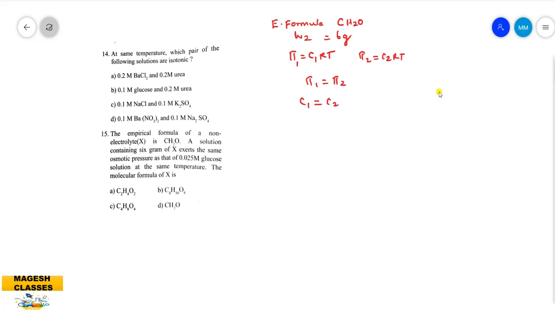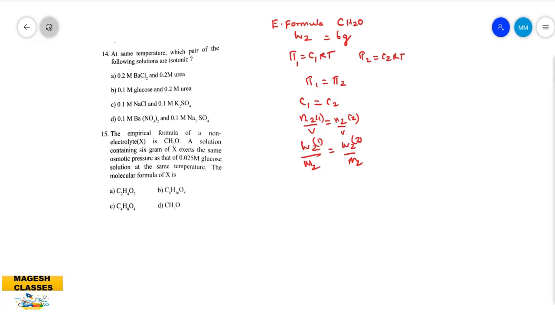C is the number of moles of solute per volume, so N1 by V is equal to N2 by V. V is constant, so it is W2 by M2 of the first one and of the second one.